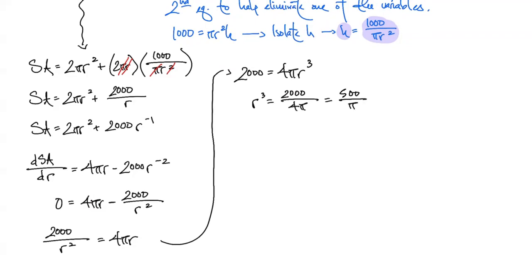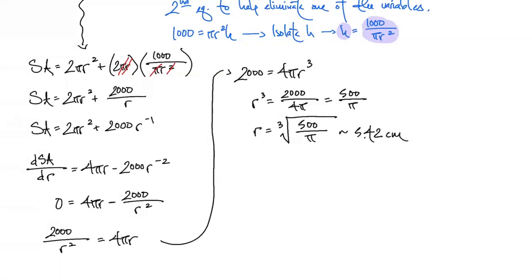I'm going to reduce that fraction. And my last step to get r by itself is just to take the cube root of the value I got for r. This is about 5.42 centimeters once I type it into the calculator.